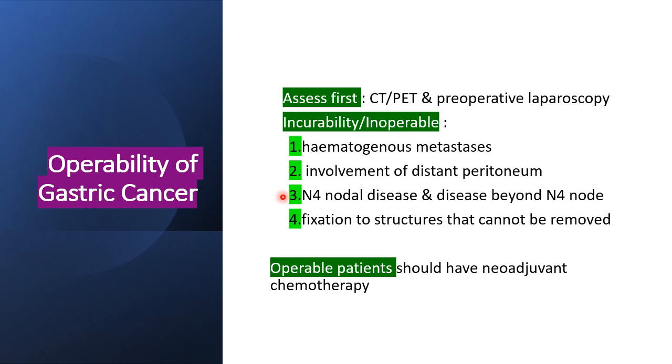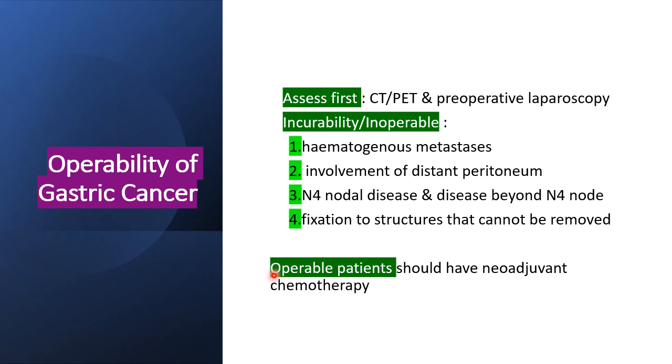N4 nodal disease and disease beyond N4 nodes, which is quite advanced. And fixation to structures that cannot be removed, for example, the pancreas, the liver, or where the tumor gets fixed to the aorta, so it cannot be removed. So this is considered incurable.